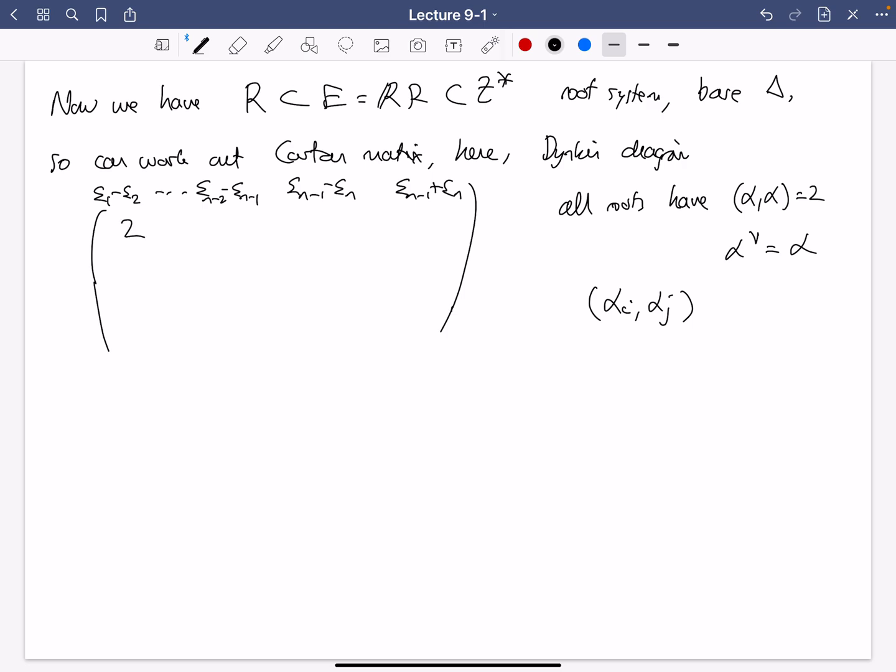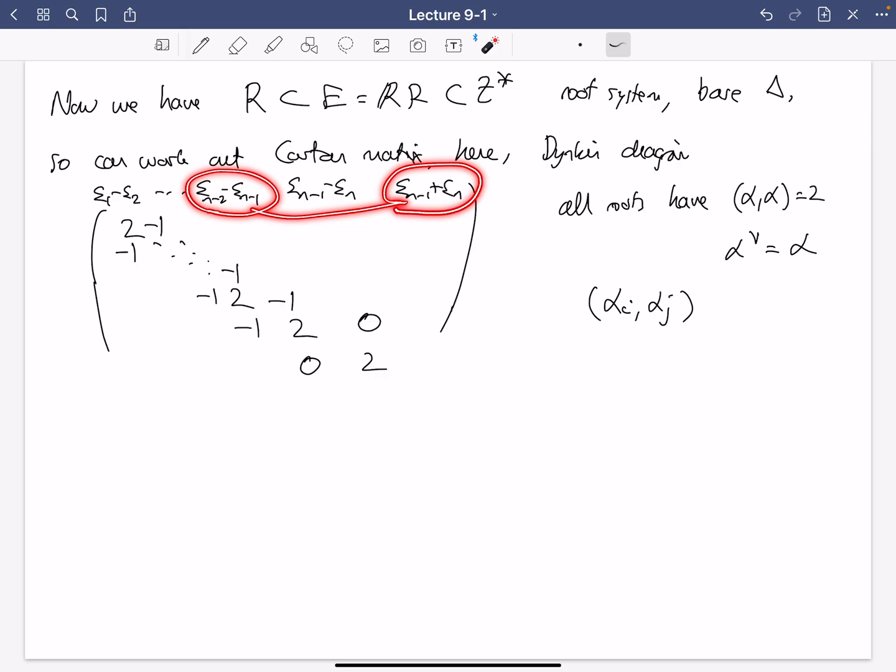Okay, so the Cartan matrix has always got 2's down the diagonal, and then this top left part is just like a type A root system up to there. But then you find that these two guys are actually orthogonal. This guy and this guy has inner product minus 1 as well. So you get an extra minus 1 there. Then it's zeros everywhere else.